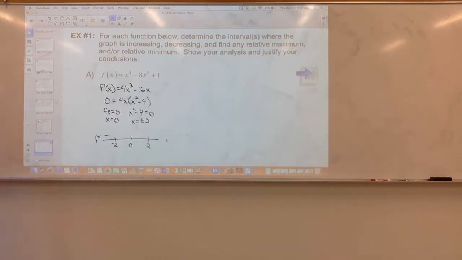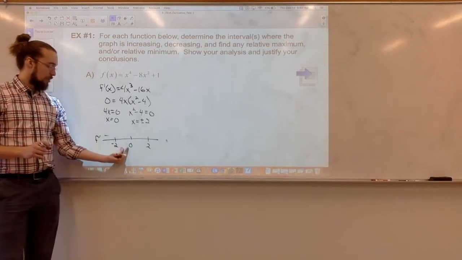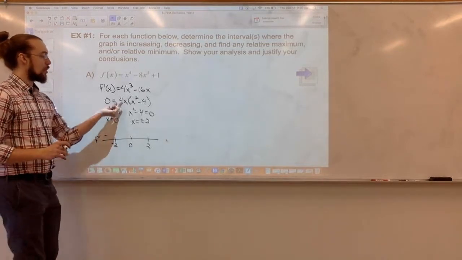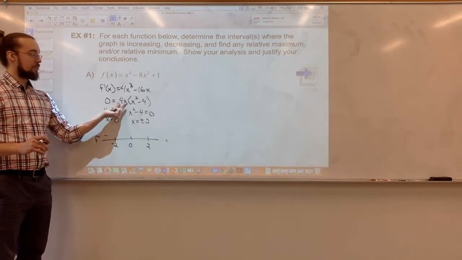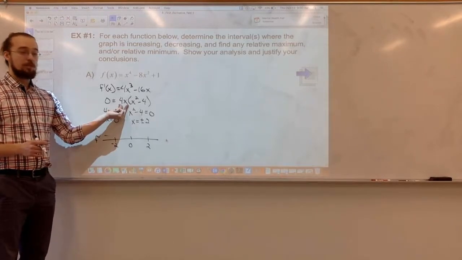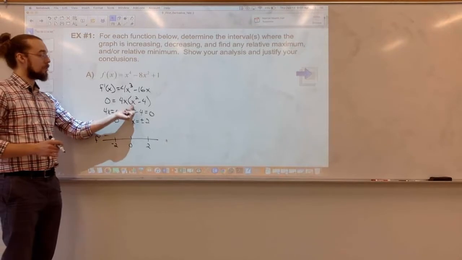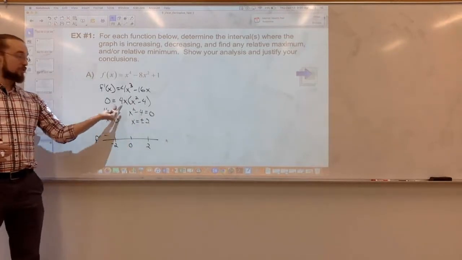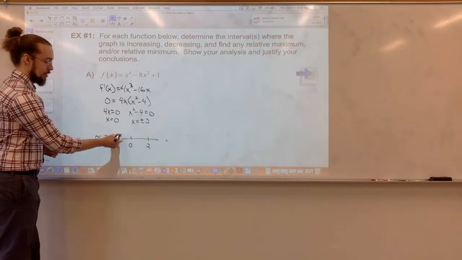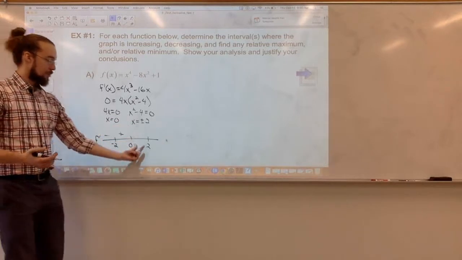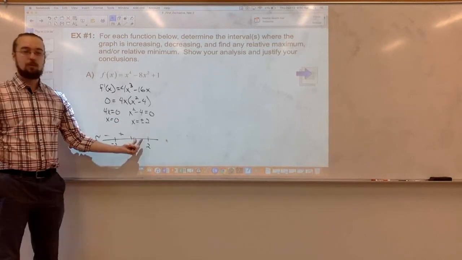Then if I take a number in between -2 and 0, say -1, I'll plug it into my derivative. So this would be a negative. This would be a negative: -1 squared minus 4 would still be negative. So a negative times a negative is positive. Take a number in between 0 and 2 then, say 1.